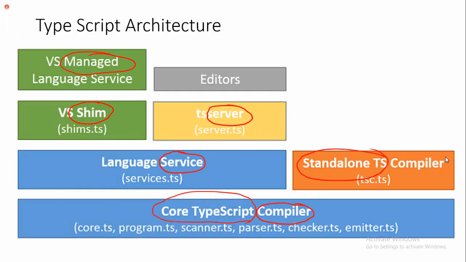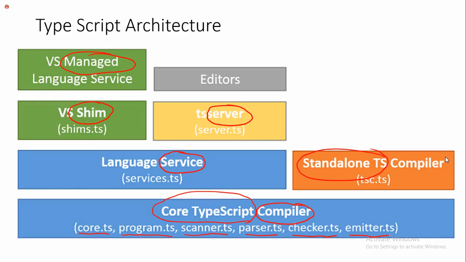Observe that in the TypeScript core compiler, there is core.ts, program.ts, scanner.ts, parser.ts, checker.ts, and emitter.ts. You will be able to understand every file once you start working with TypeScript.